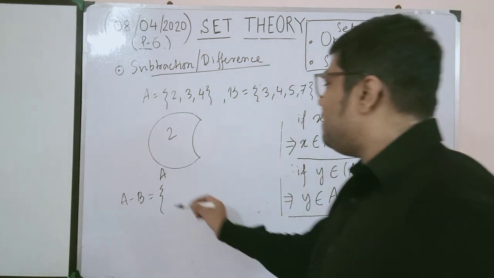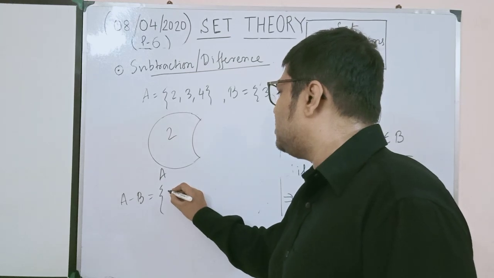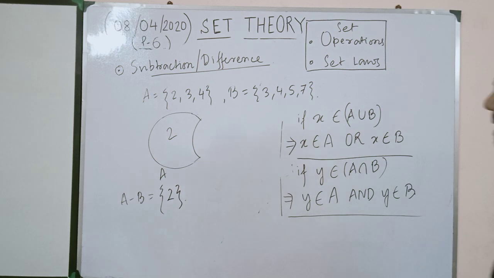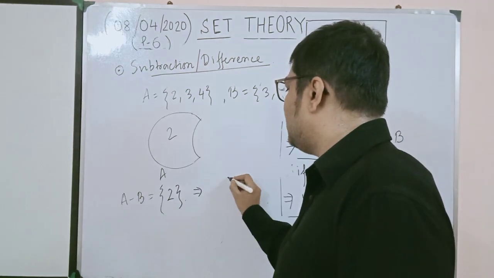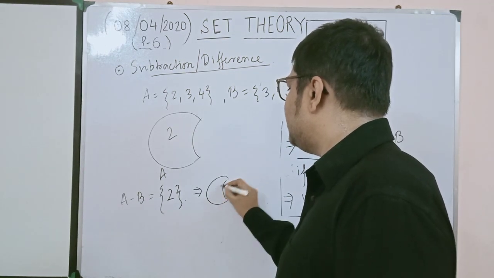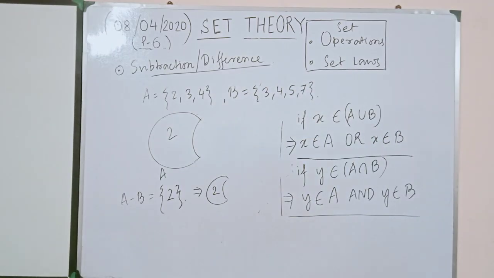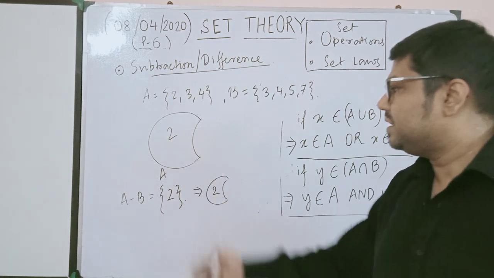So that is A minus B. A minus B is left with only one element, that is 2. That means when you subtract, B has to be entirely deleted. Although it contains a few elements of A, B shall be totally taken out. So whatever is left in A will be the value for A minus B.